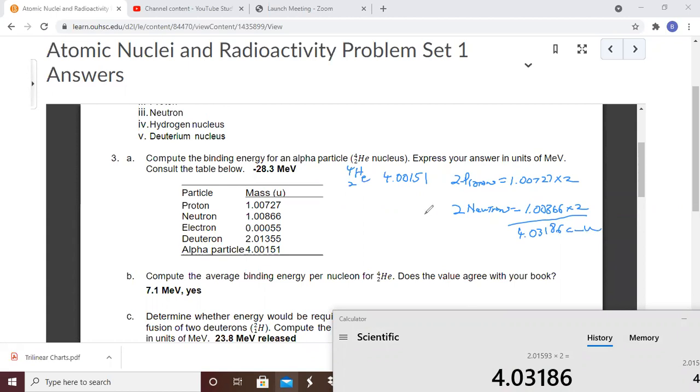All right. So what do we end up with over here? We've got the sum of its parts, which I can't do anything right.